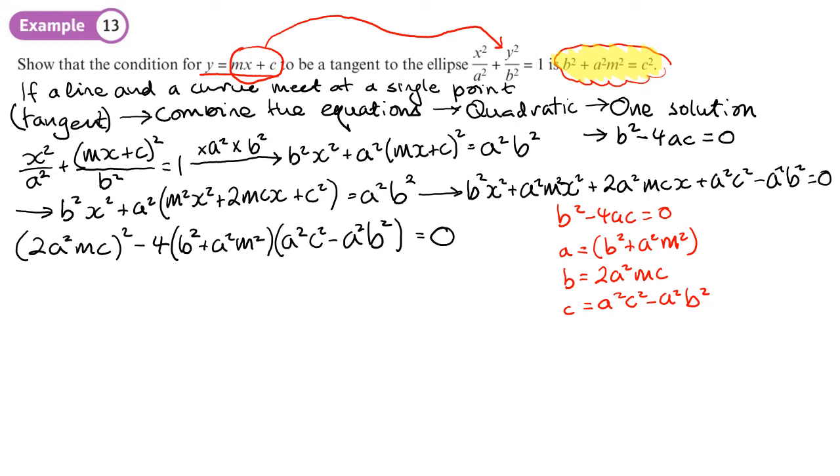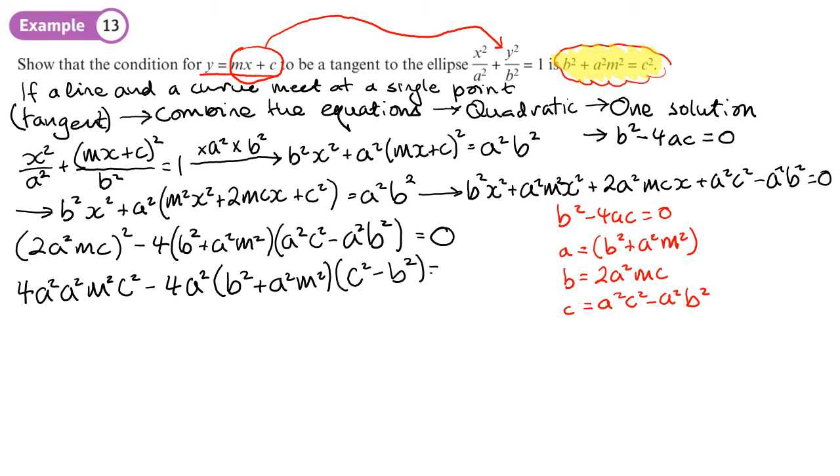Now I can actually factorize out an a squared here and here. So I'm going to show you what that looks like. When I square out these brackets, I'll actually get 4a to the power 4 m squared c squared minus, and then I could write this as 4a squared, taking out a factor of the a squared from the second bracket. So that just becomes c squared minus b squared equals 0.